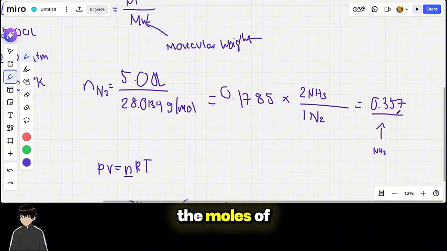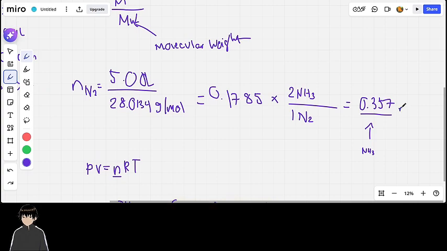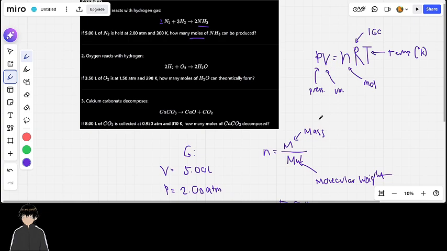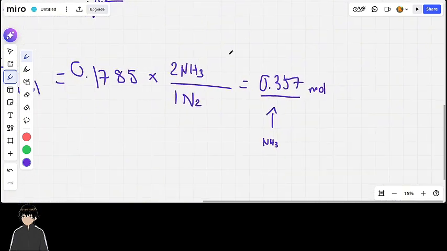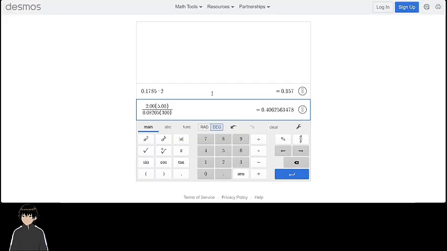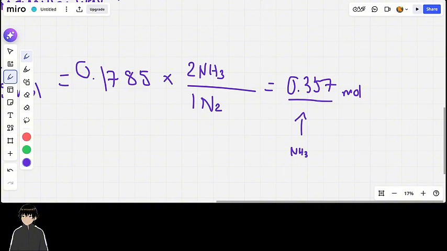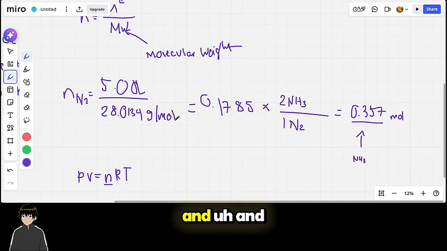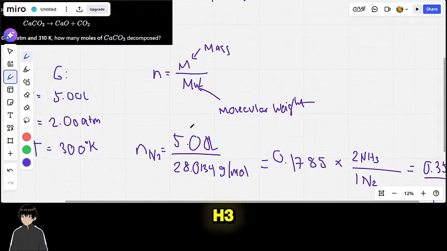So this is going to be the moles of NH3.